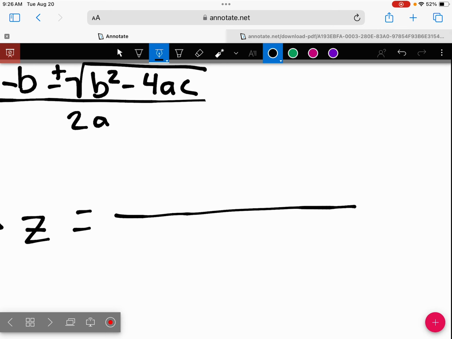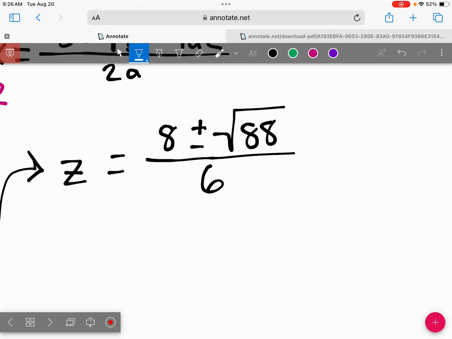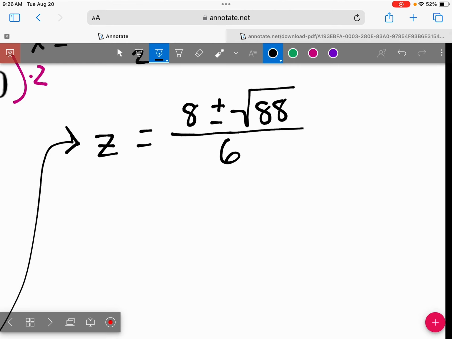So when we simplify this, we wind up with our 8 plus or minus square root of what? 88. Over 6, excuse me. Can we simplify this? Yes, we sure can. How can we simplify this?